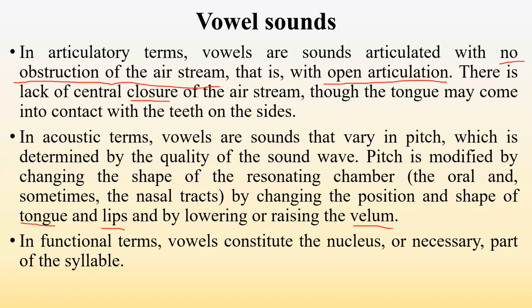So the behavior of these 3 articulators has an important impact on the production of pitch or the voice level, and also as a result, the production of vowels, because vowels have different pitch levels. So these pitch levels are decided by the contacts made by these different articulators.